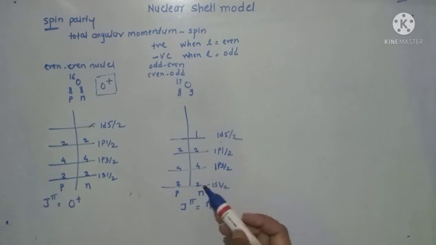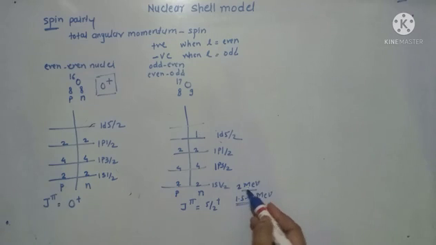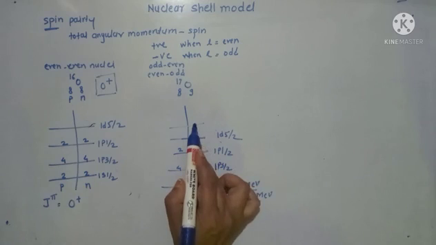Similarly, we can calculate the spin parity of the excited states. Nearly 2 MeV, or from 1.5 MeV to 2 MeV, this much energy is required for breaking the pair and shifting to the next excited state.